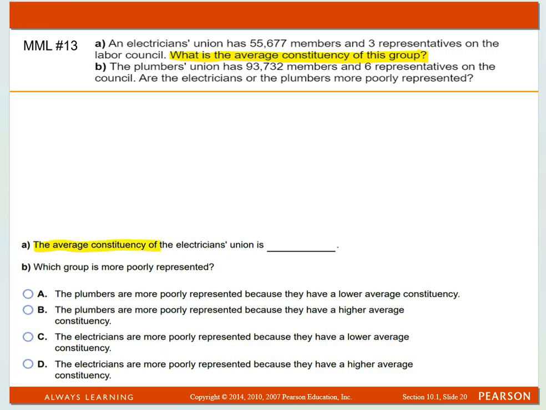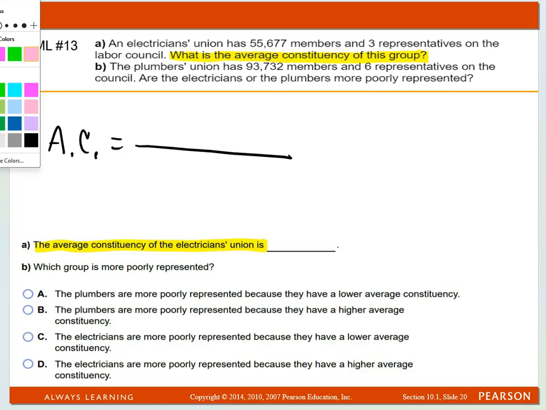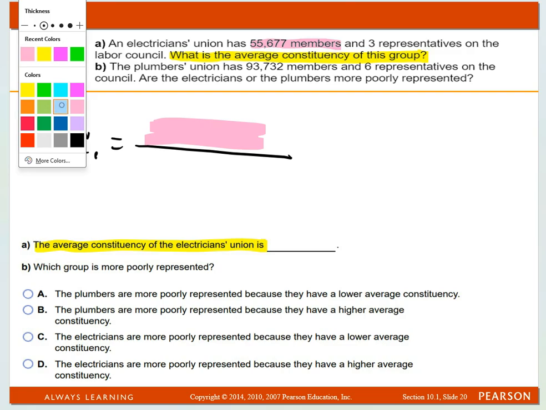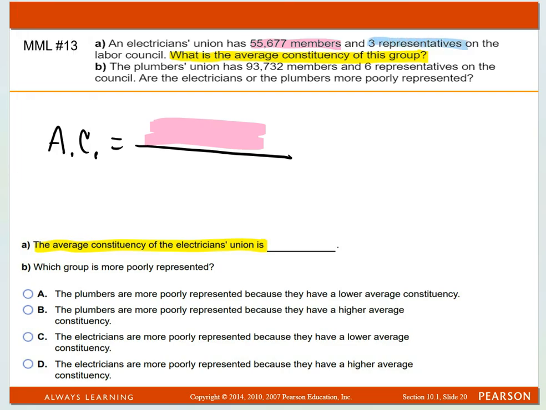The average constituency of the electricians union is, remember I said that was the AC. You take the total population, and in this case our population is the number of members here, so that goes in the numerator, divided by the number of representatives, and that goes in the denominator.